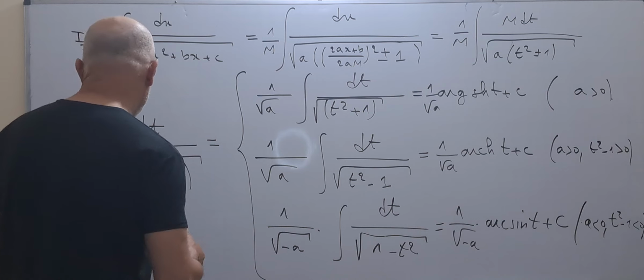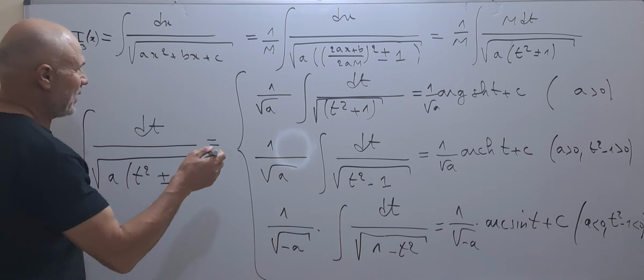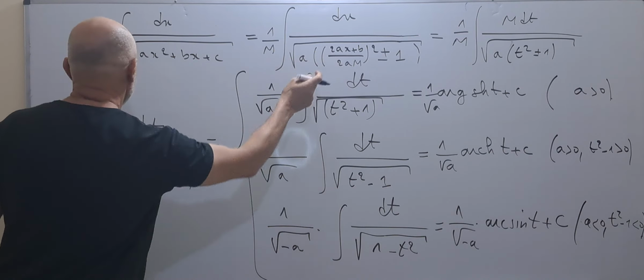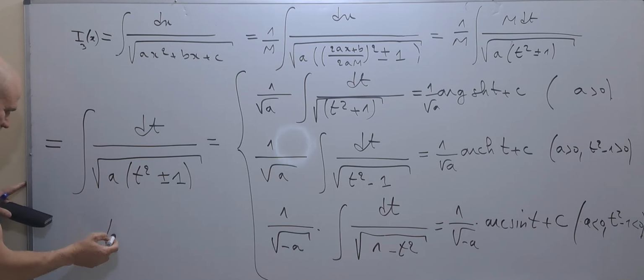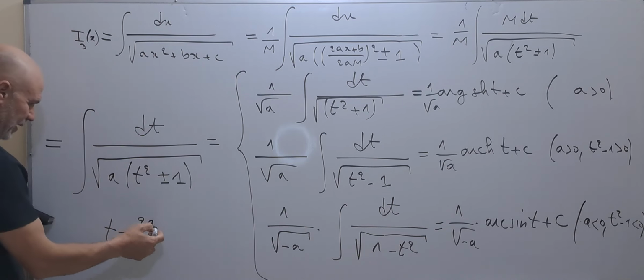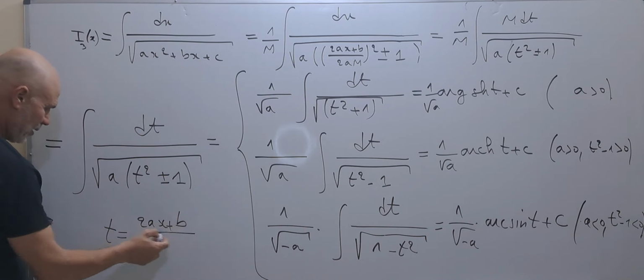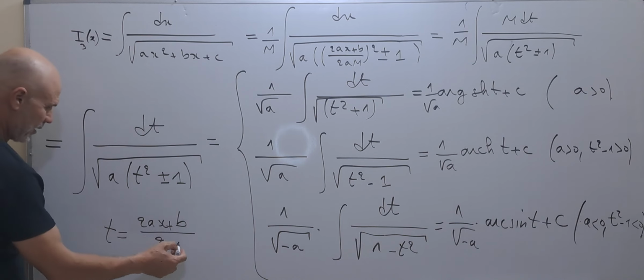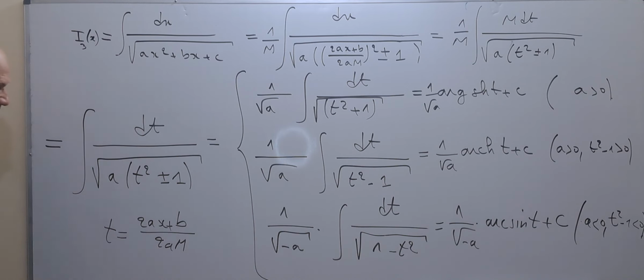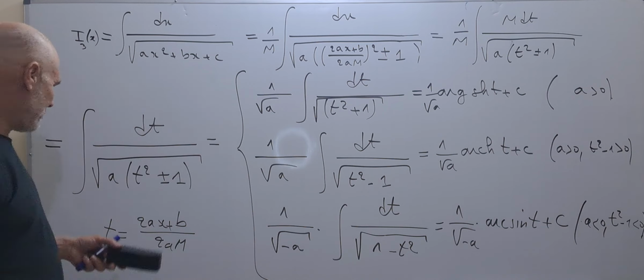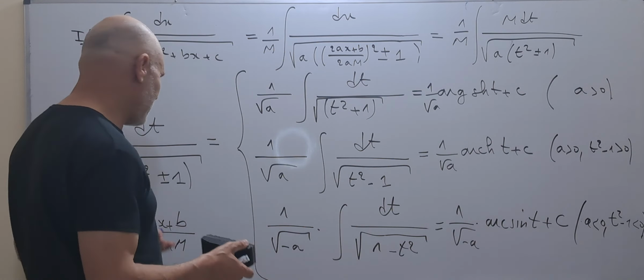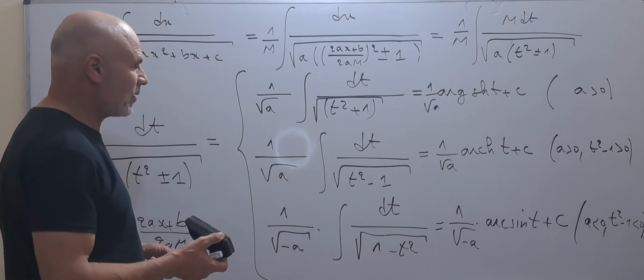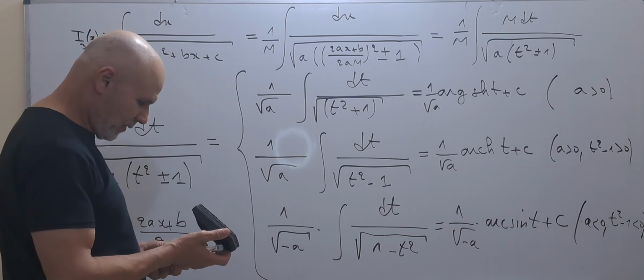The variable t is equal to 2ax plus b over 2a. Then we replace t by its value, and we get the integral of this case.